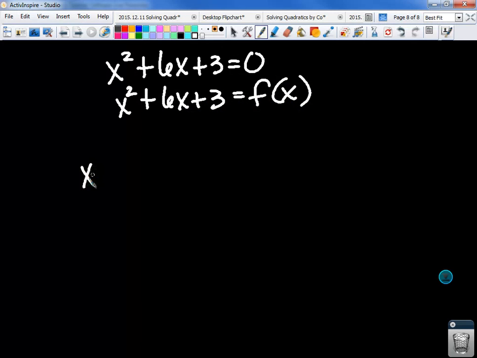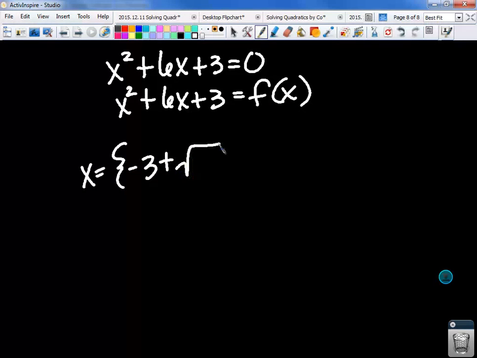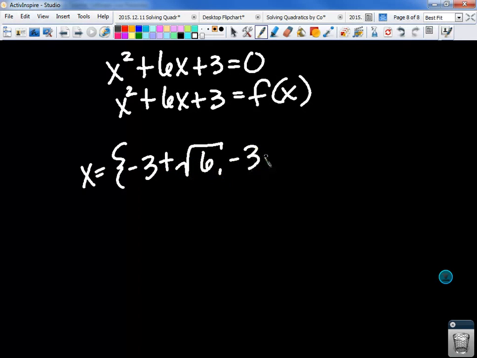Since our solutions after solving were -3 plus the square root of 6 and -3 minus the square root of 6, I know some people may be wondering, what exactly does that mean?